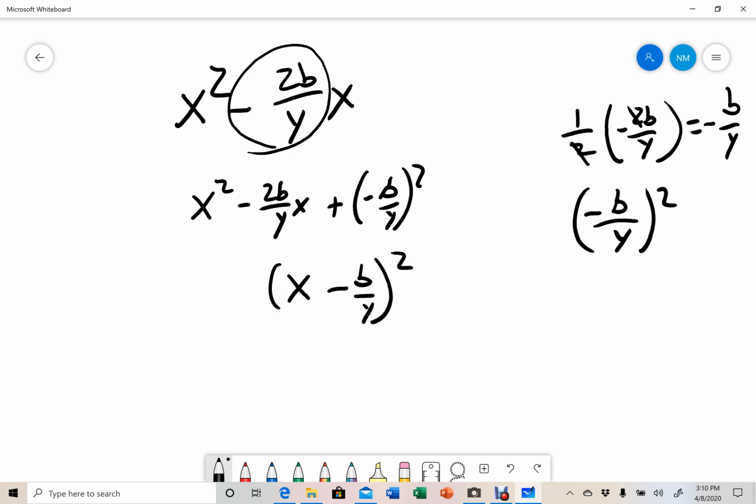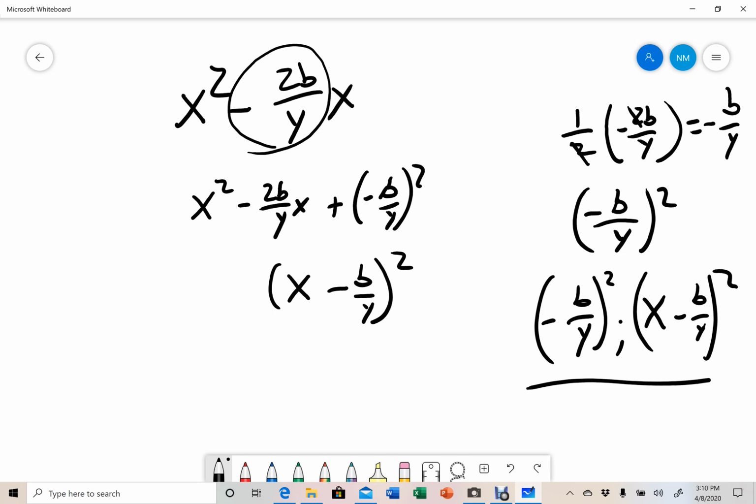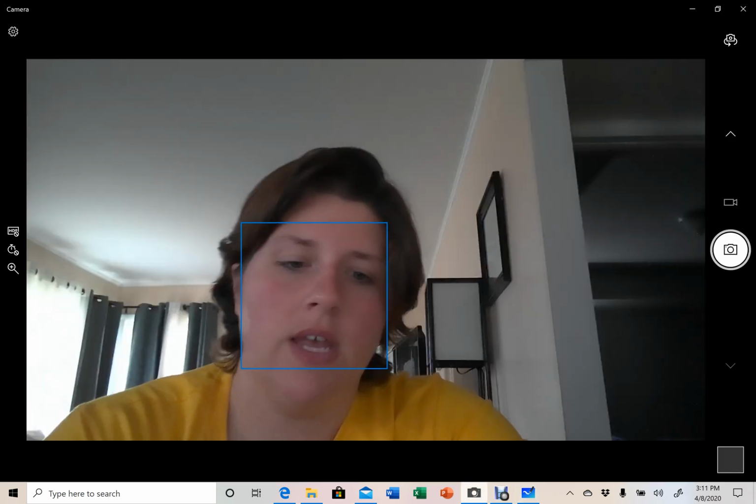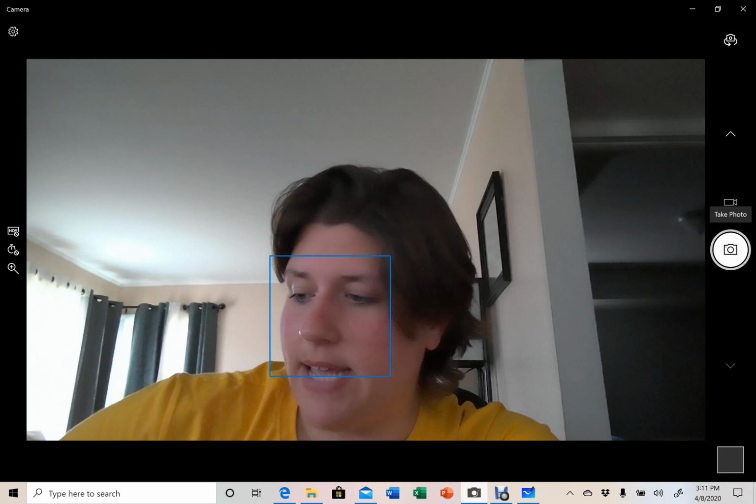So my answers would be negative b over y squared, and then also (x minus b over y) squared. So this is what my answer would look like. That's how we do that. Hopefully we understand that correctly. If you have any questions, please give me a call or contact me and let me know.